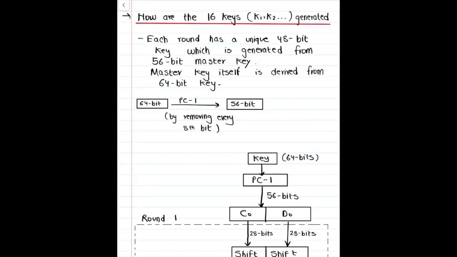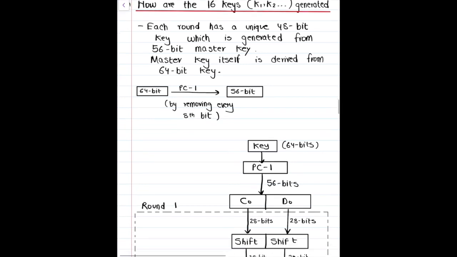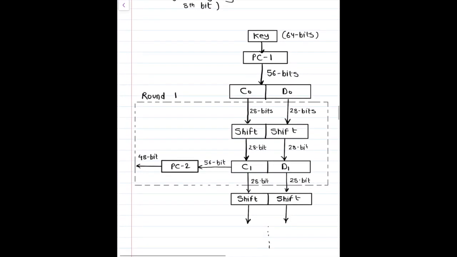Let's look at how the 16 keys K1, K2 all the way up till K16 are generated. As seen, in each round, a 48-bit unique key is used. Earlier we saw that we started with an original 64-bit key, which was converted to a 56-bit key by removing every 8th bit. This process was called permuted choice 1 or PC1. But how do we get the 16 unique 48-bit keys from this 56-bit key? In this process too, we have 16 rounds.